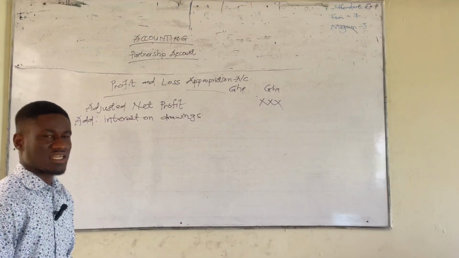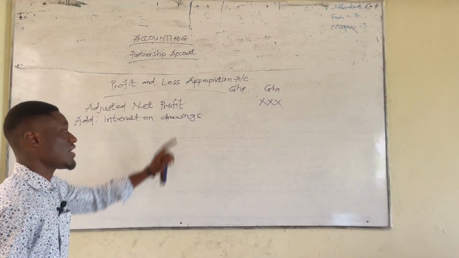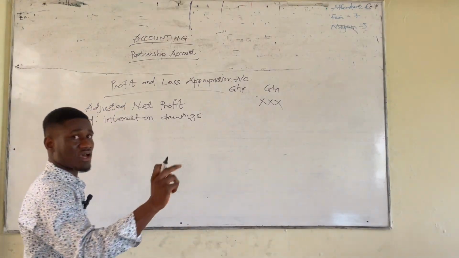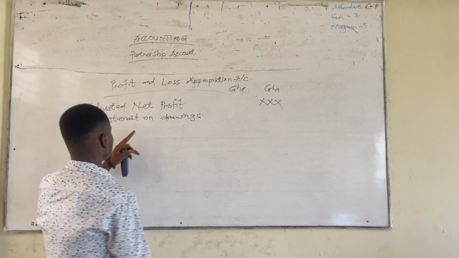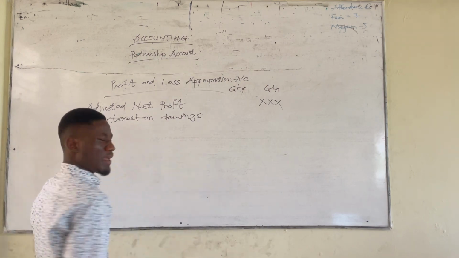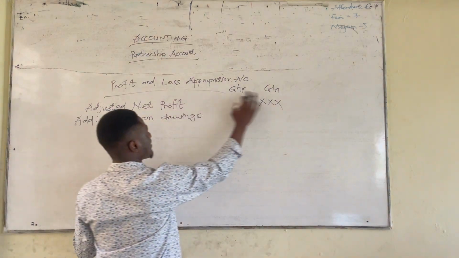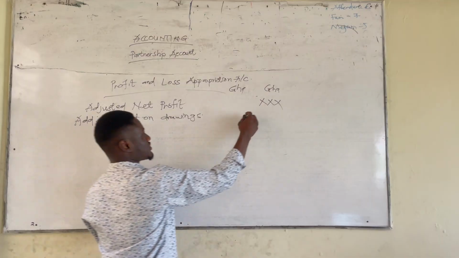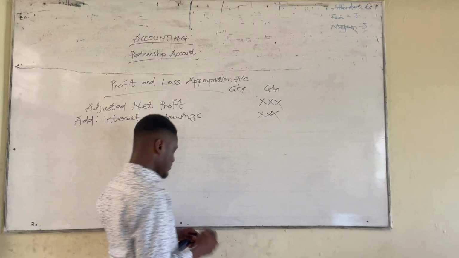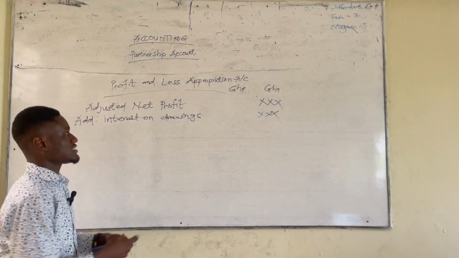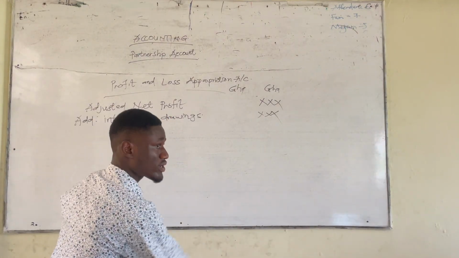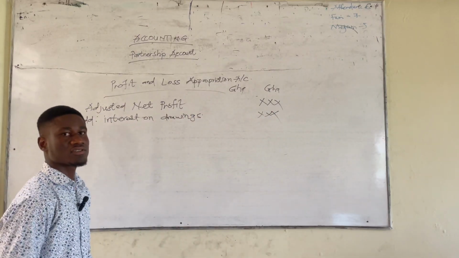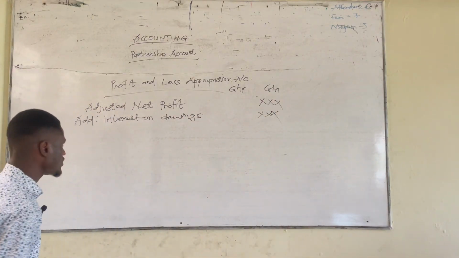So if I'm receiving an interest of 500 from the 5,000 that you've drawn, that means me, the business, which is having this net profit already, is going to receive another interest. So that interest the business will receive as a result of you making a drawings from the business is going to add up to the net profit. Do you get it? Good.